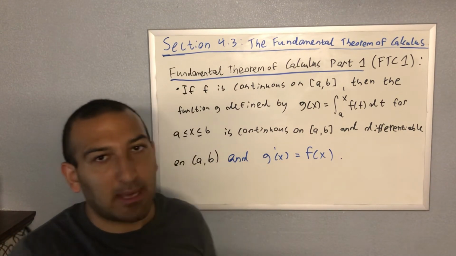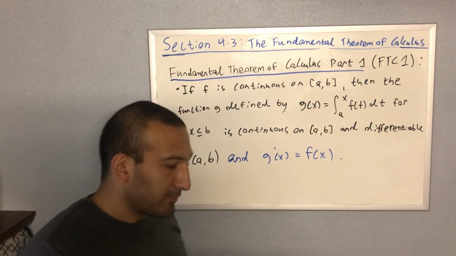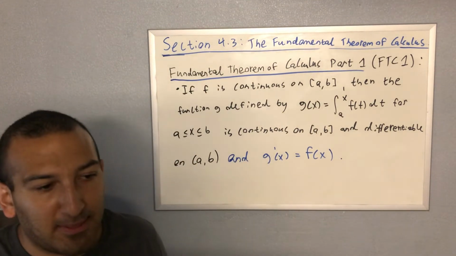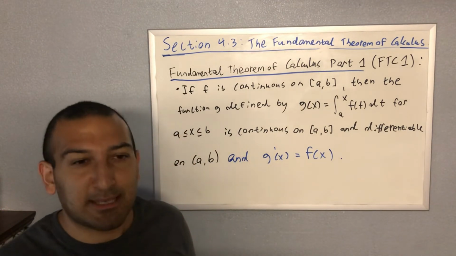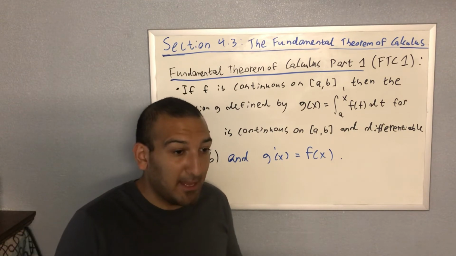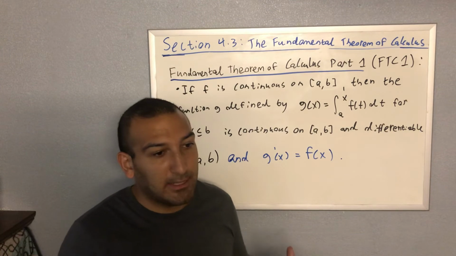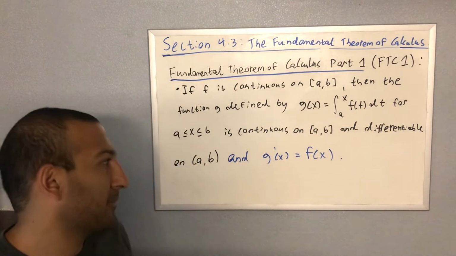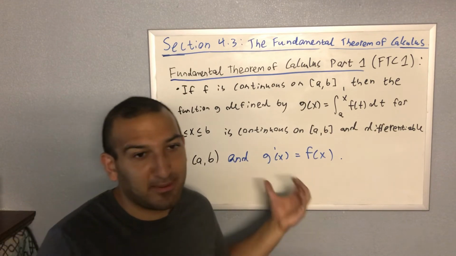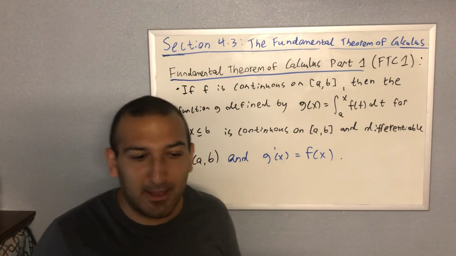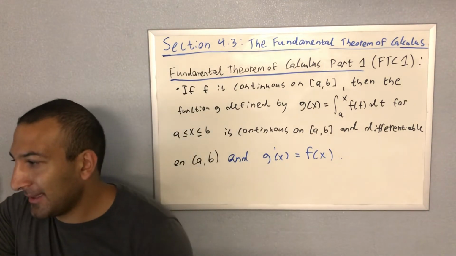These fundamental theorem of calculus proofs, part 1 and part 2, which we'll get to, use theorems like the mean value theorem that you were probably wondering, why the heck are we learning this in Calc 1? That theorem comes in much needed in the proof of this. So the mean value theorem is a very important theorem. It just may not seem like it because you don't ever use it to prove this big result. So again, none of this stuff is just made up to torture you. There's a reason for it.